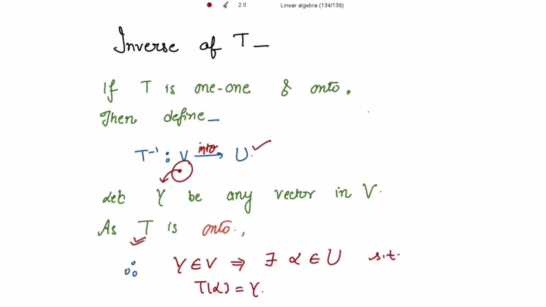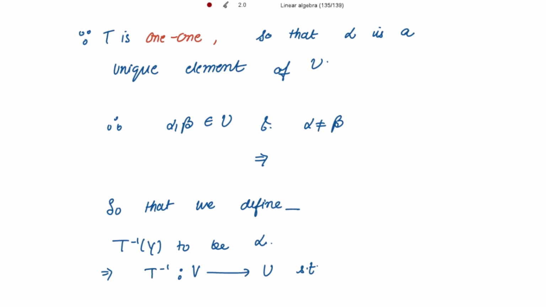T is given to be onto, so we have applied the definition. Now since T is one-one, alpha is a unique element of U. So for two elements belonging to U which are not equal, we have T alpha not equal to T beta. So we define T inverse gamma to be alpha.